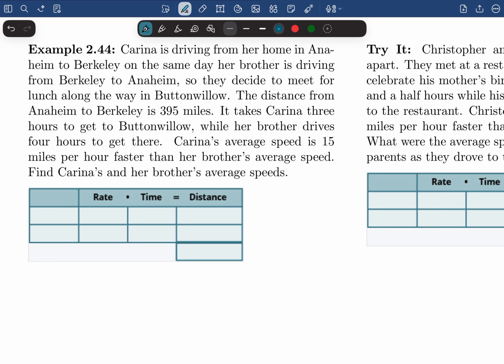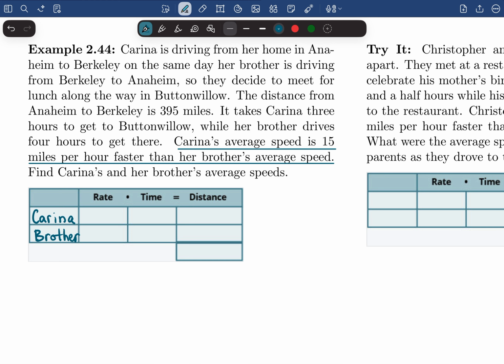Well, creating a table might look like this. I've got Karina and I've got her brother. Now we see something important about the rate that they're going. Karina's average speed is 15 miles per hour faster than her brother's average speed.